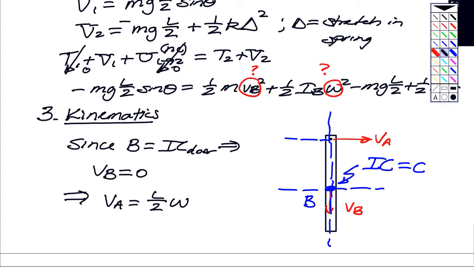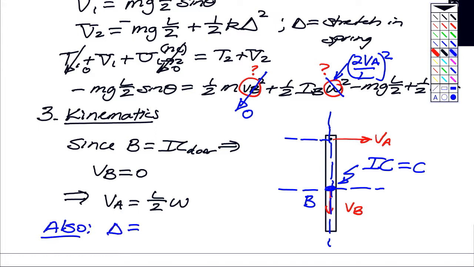So if we go back to our work energy equation, v_B is 0. For omega, we're going to put in 2 v_A over L. And finally, we need to say what the stretch is in the spring. So also we'll have that delta.